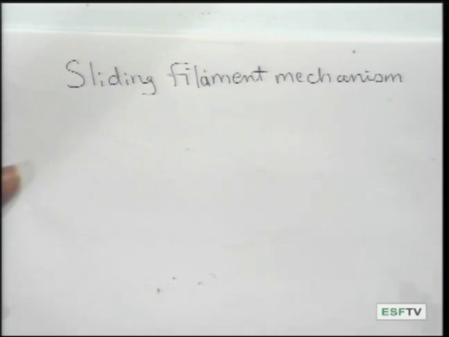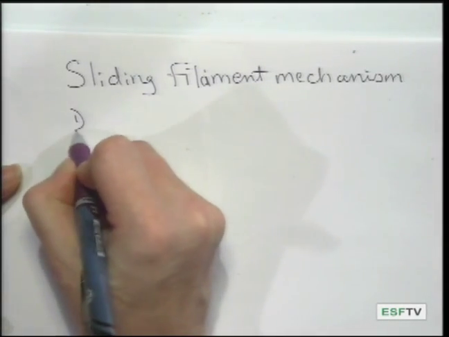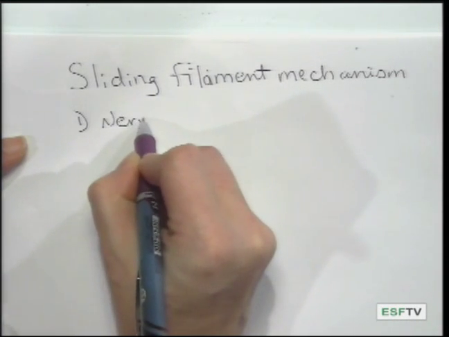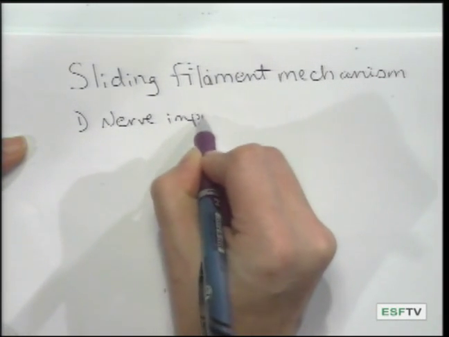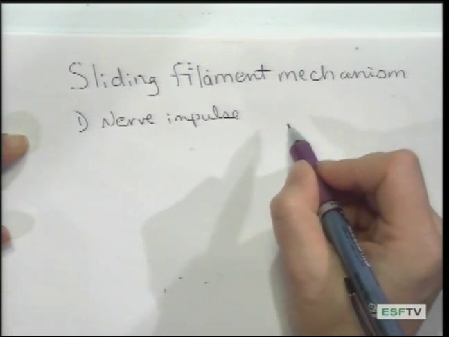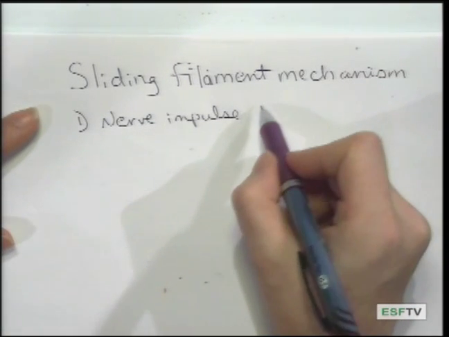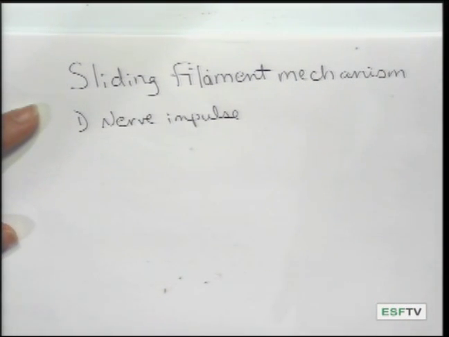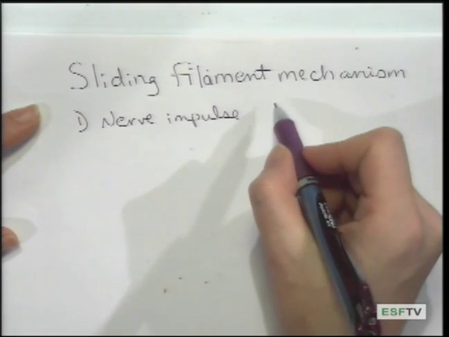Okay, and the first thing that's going to happen is that a nerve impulse is transmitted down a nerve, so down a presynaptic nerve down to the muscle, which is going to be the postsynaptic tissue.